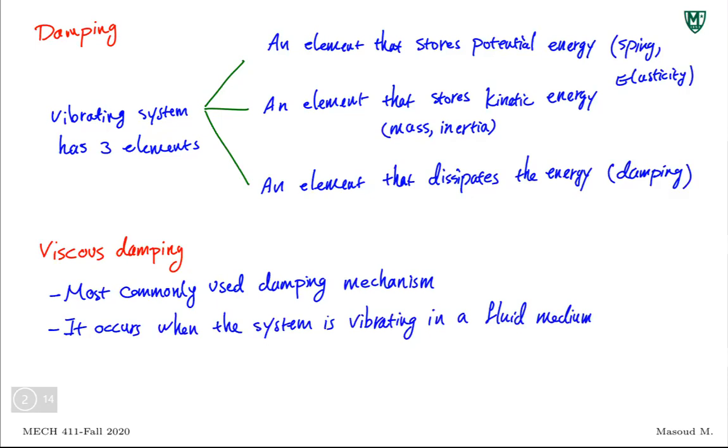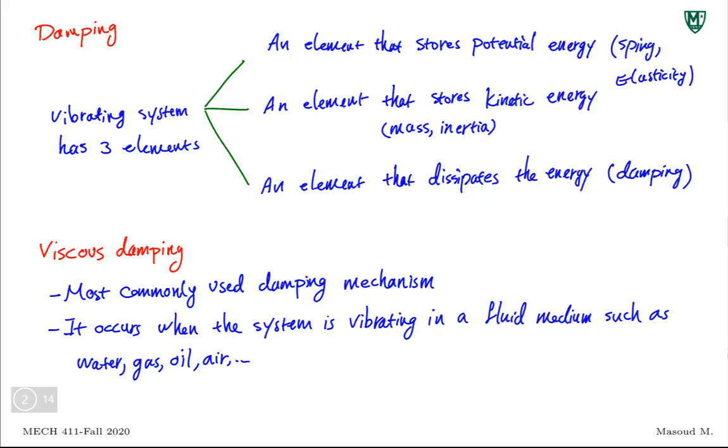Examples of that would be, as I said, water, gas, oil, air, etc. Any fluid. That resistance by the fluid reduces the system's motion slowly at each oscillation.